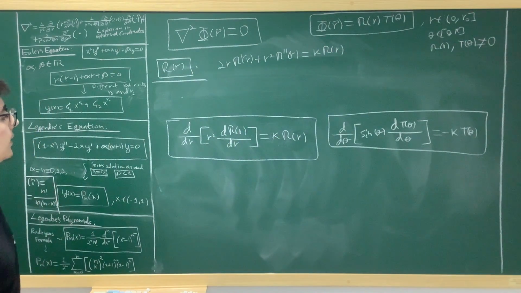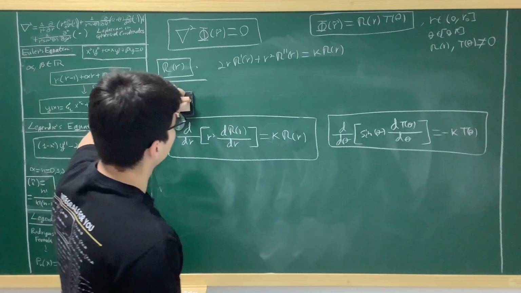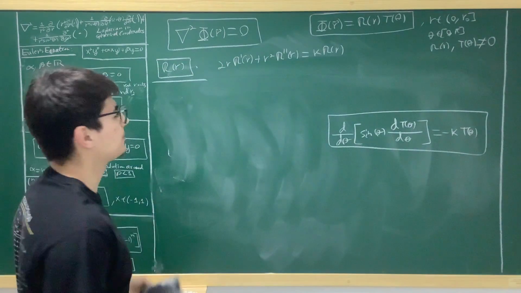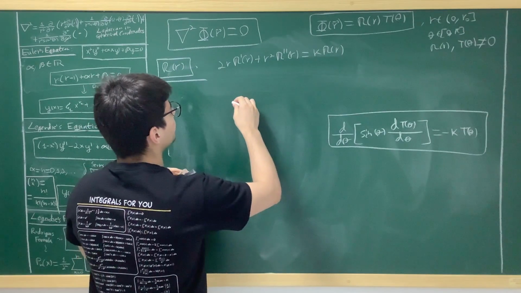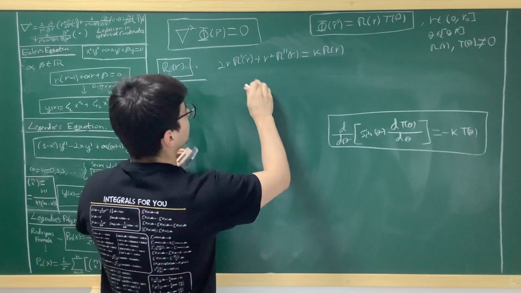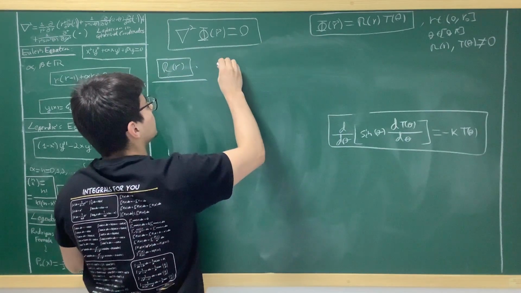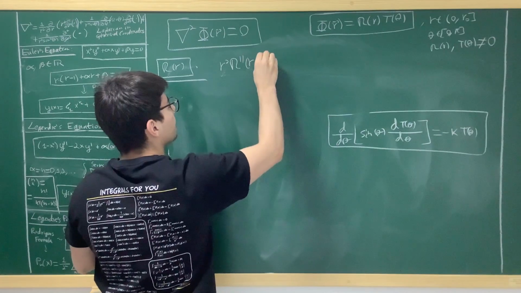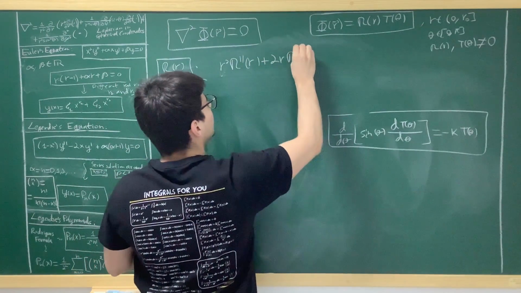Let me just check for a minute. Yes. So we can write this a bit better. This is just R squared, R double prime, plus 2R, R prime, minus KR.